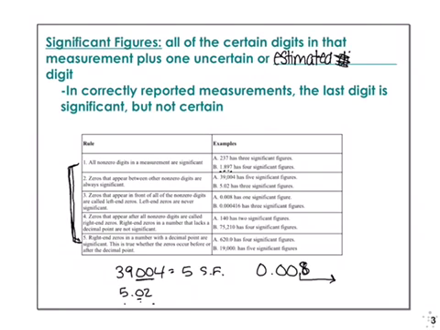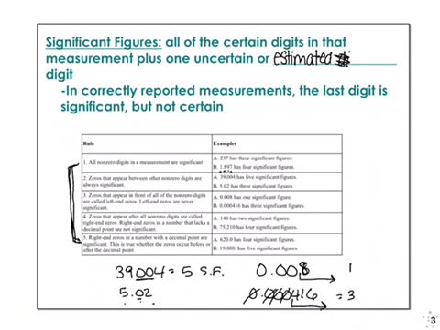However, in this case, we only have the 8, so there would only be that one significant figure. In the number 0.000416, if you start at that first significant figure and head right, all of these zeros are not significant. So in this number, there would only be 3 significant figures.